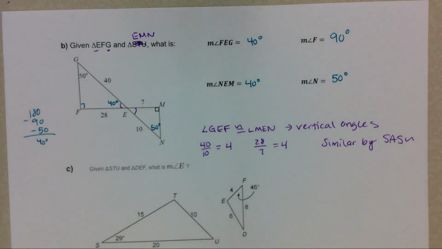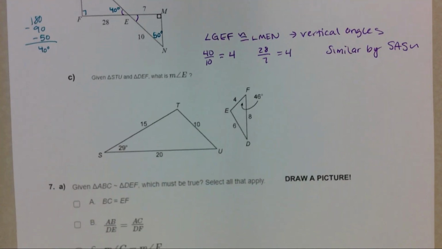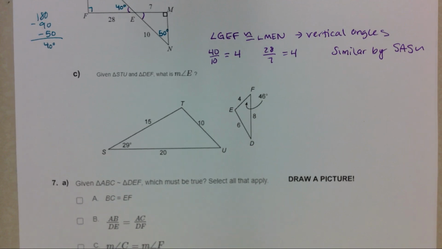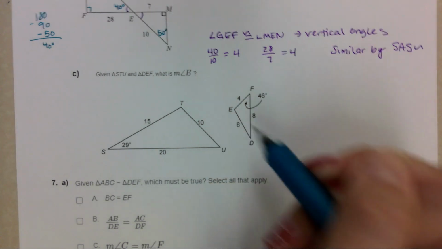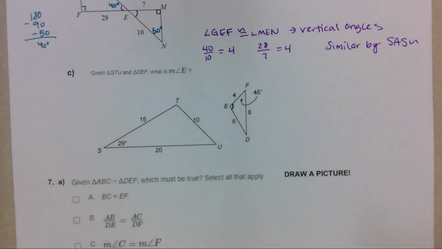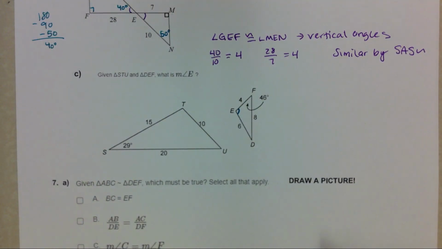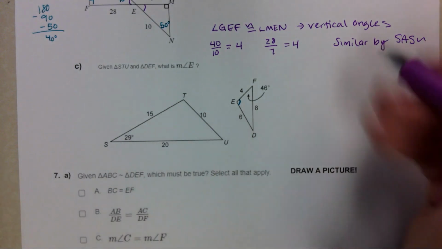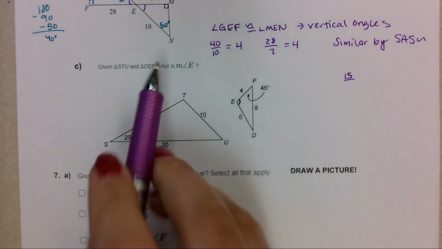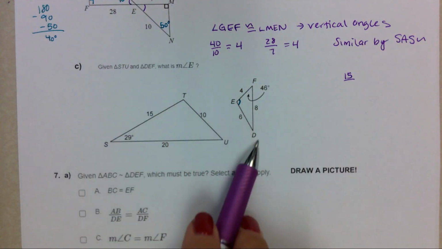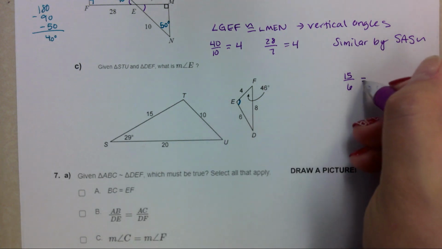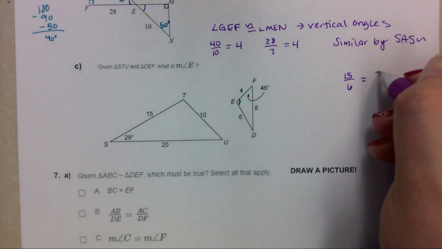Okay? And then finally, part C, given STU and DEF, what is angle E? So I'm looking for this angle right here. So let's check to see if they're similar by checking the ratios. So ST is 15. That would correspond with DE, which is 6. Divide those each by 3 and we get 5/2.